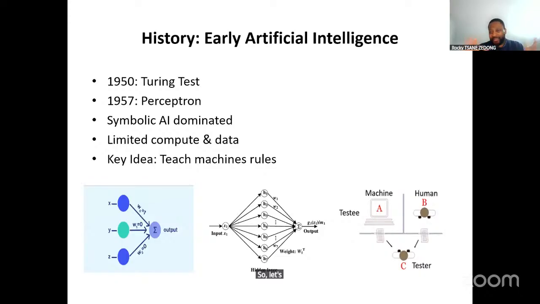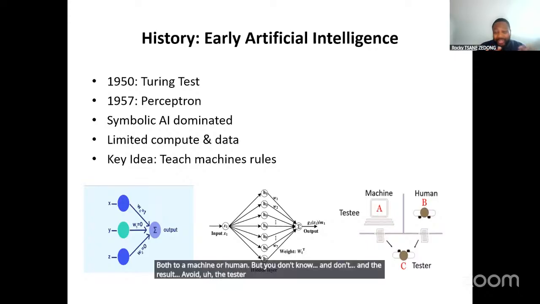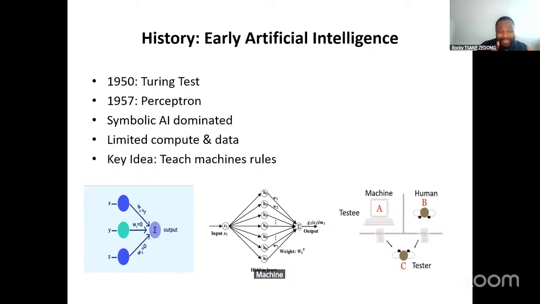Let's go to some history. Since 1950, the concept of the Turing test came up from Mr. Turing, who put forward an experiment to evaluate whether a tester who sends requests to both a machine and a human can tell which of them has responded.